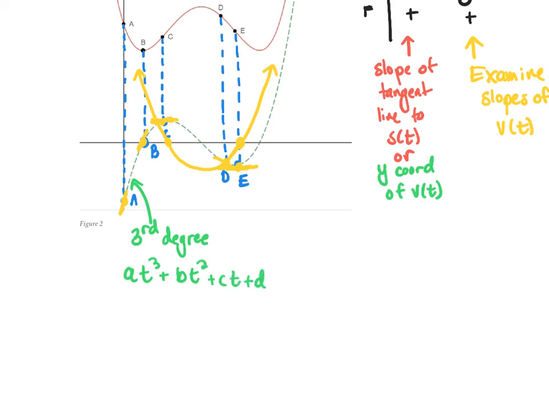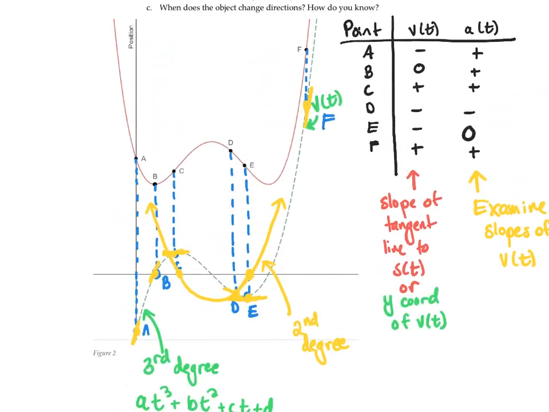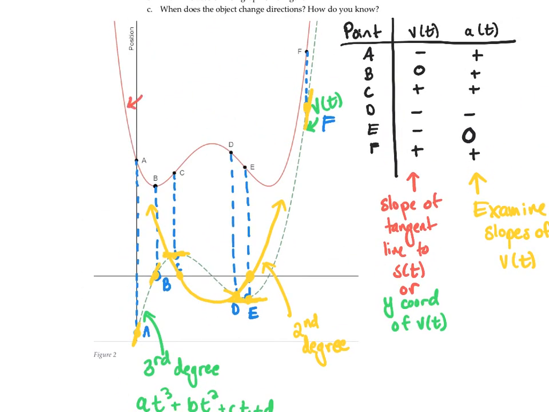So if I were to take its derivative, that would be 3a t squared plus 2b t plus c, which is quadratic. So my acceleration graph appears to be second degree, whereas my original position graph appears to be fourth degree.